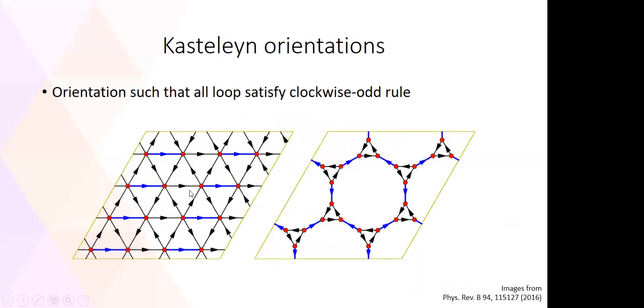Here are two Kasteleyn orientations for the triangular lattice and the Fisher lattice. The blue bonds will be the reference dimers that the continuation of the results I'll discuss will relate to.